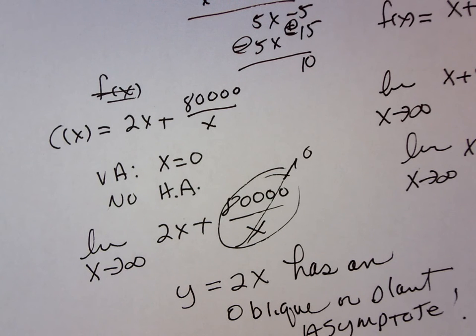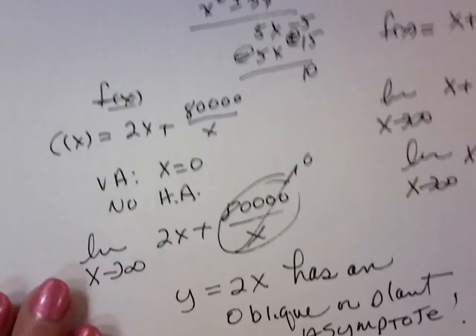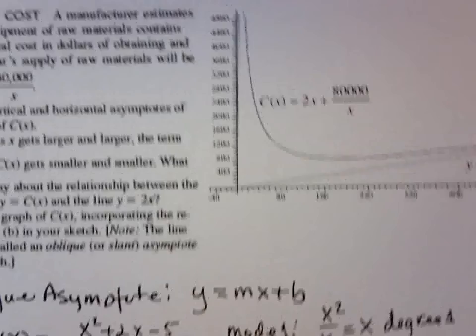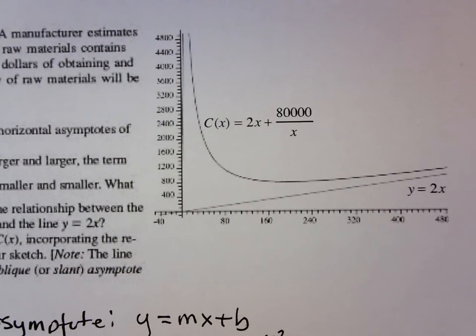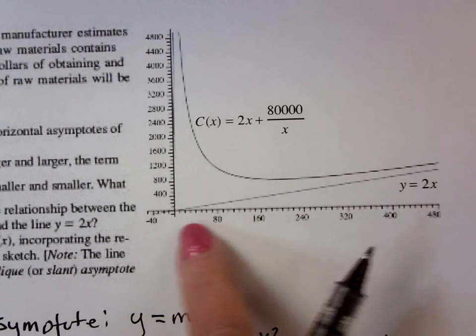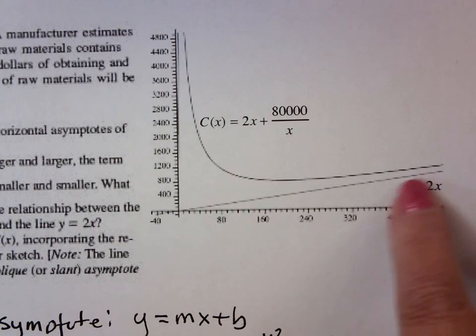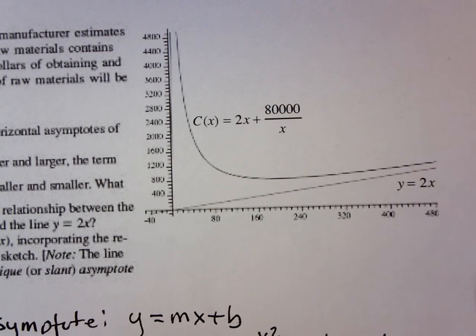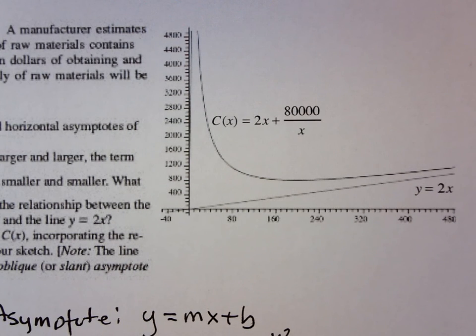That's the calculus part of an algebra problem, which we don't do in algebra. We just kind of wave our hands around it. And that's what it looks like. Here's the graph. And then what you notice is there's y equals 2x. There's your oblique asymptote. That's as exciting as this problem gets.